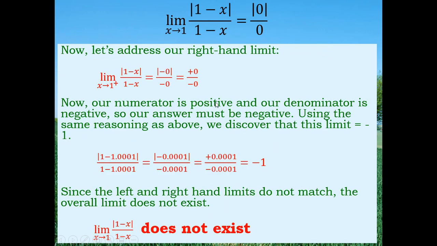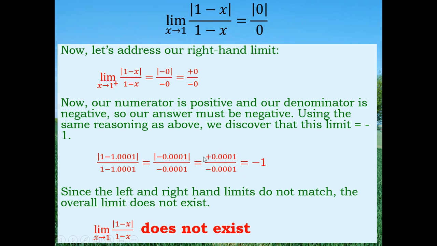But what happens when we look at the right-hand side? Let's look at a number just slightly greater than 1, like 1.00001. My numerator is going to be just slightly less than 1, but I'm taking the absolute value, so it's a positive 0.00001, divided by a very small negative 0.00001.